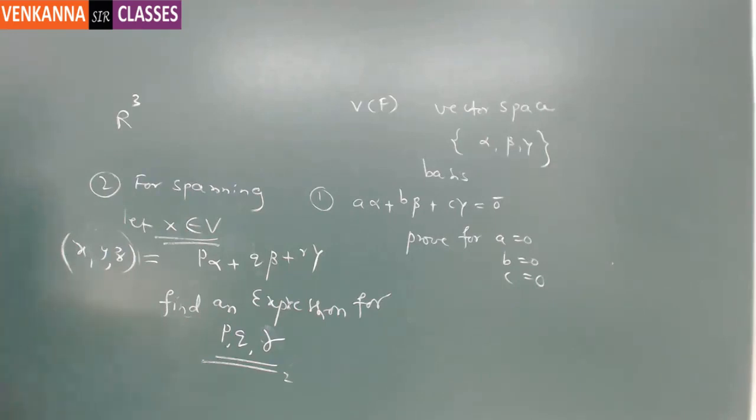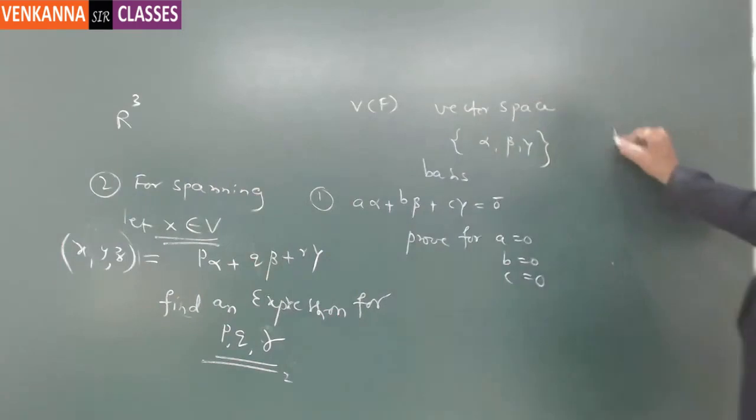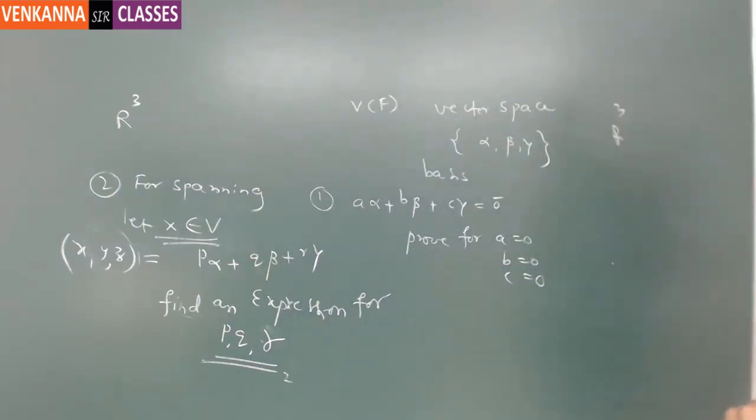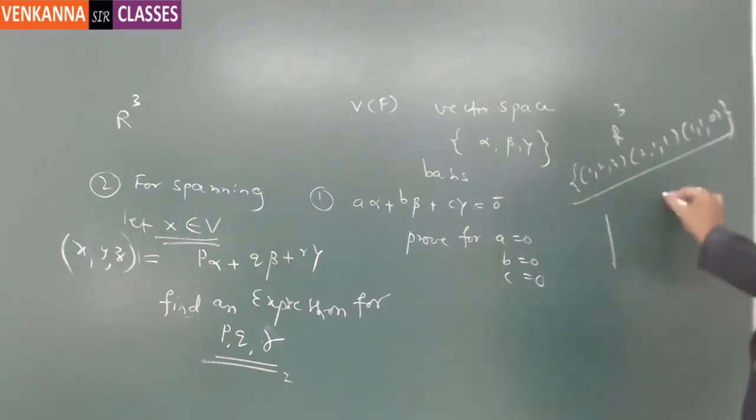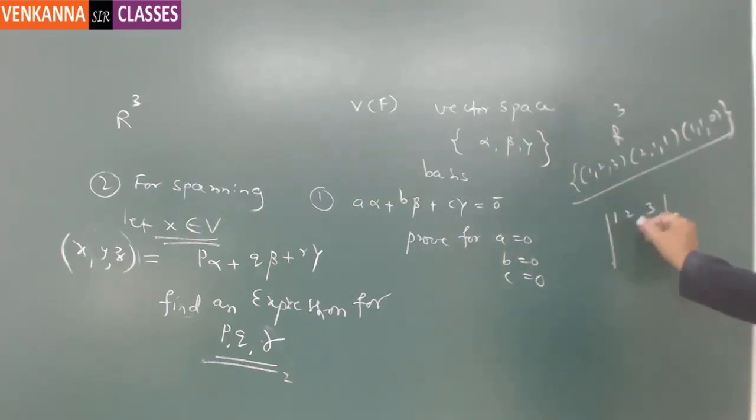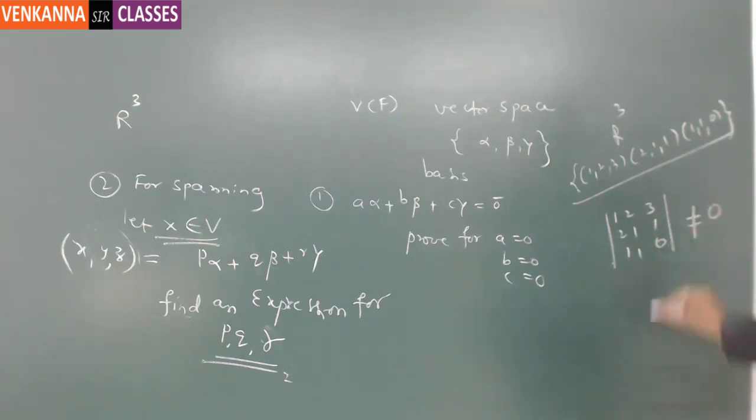Suppose if the basis elements are nothing but simply points, suppose if you are dealing with a 3D space R cube, so you will get 3 vectors, let me say (1, 2, 3), (2, 1, 1) and (1, 1, 0). So if you want to check this set is a basis or not, so for linear independence you simply calculate the determinant. If the determinant is not equal to 0, then it is linearly independent.